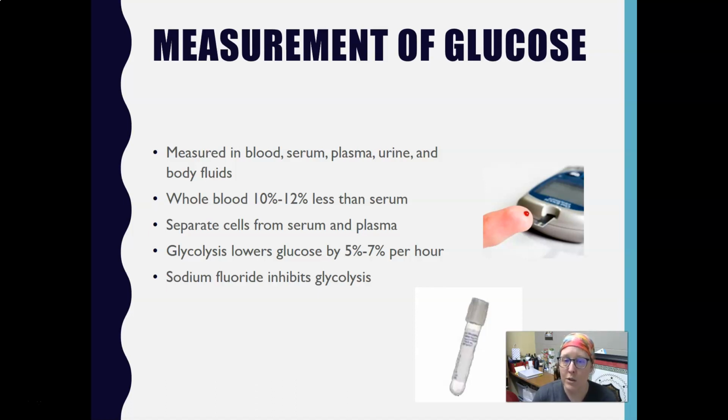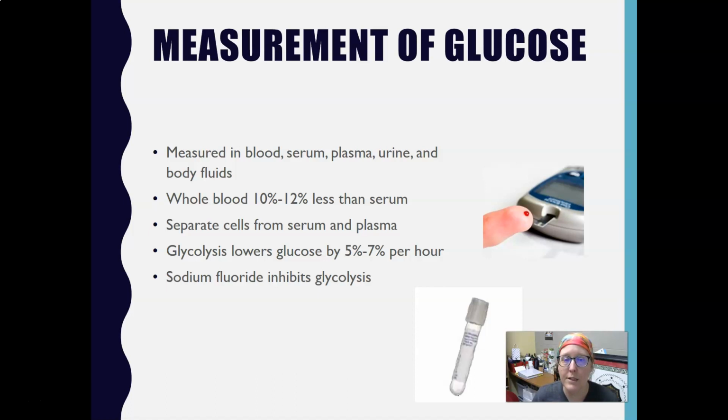This is really important to know, because oftentimes your nurse will have an Accu-Chek, a finger stick glucose that's done on whole blood, and it will read a certain number, and then you run it on serum and your number's not going to agree exactly. It's going to be 10 to 12% off.